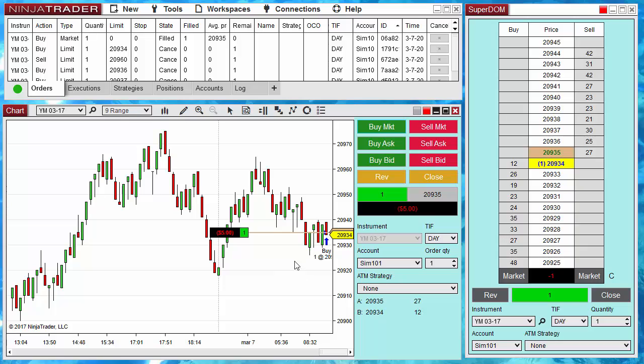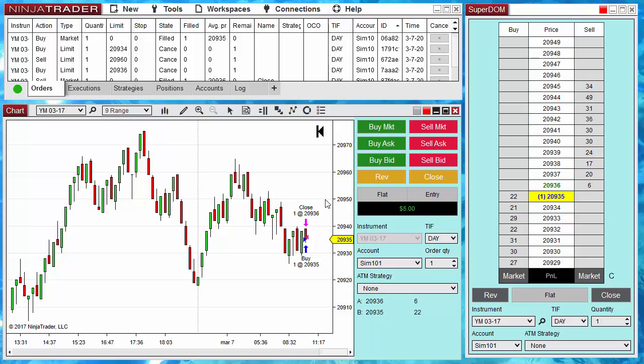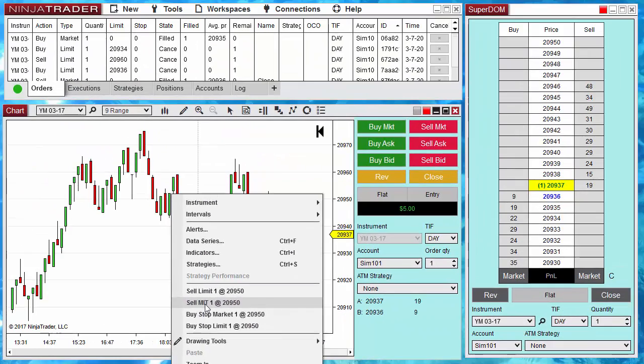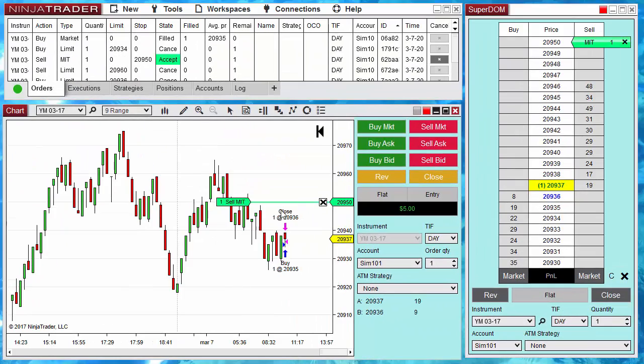If we want an instant fill, we can use market orders. But if we enter at market, we may get a slippage. A new option on Ninjatrader 8, this was not present on Ninja 7, is the sell or buy at MIT, market if touch.